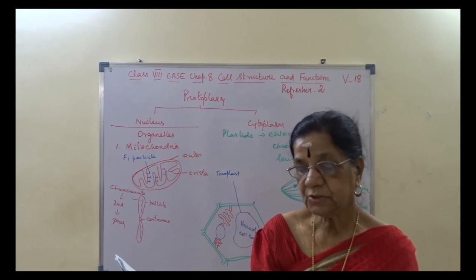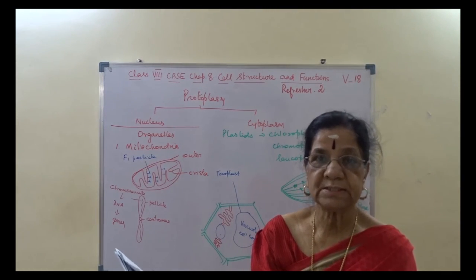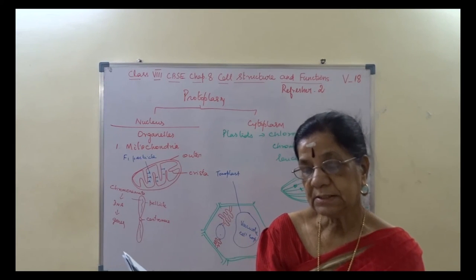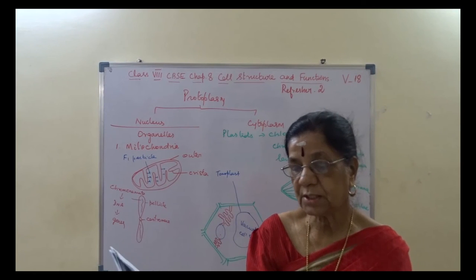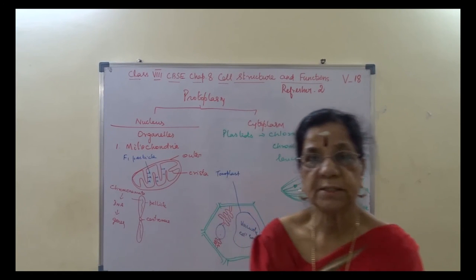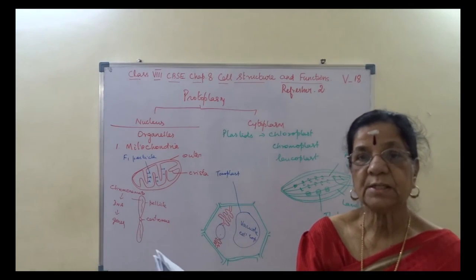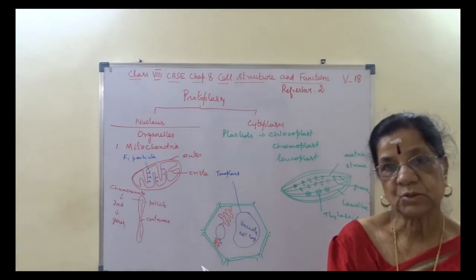But the nitrogenous bases are of two kinds, as I said earlier. It is purine and pyrimidine. Purines are adenine and guanine, and pyrimidines are thymine and cytosine.